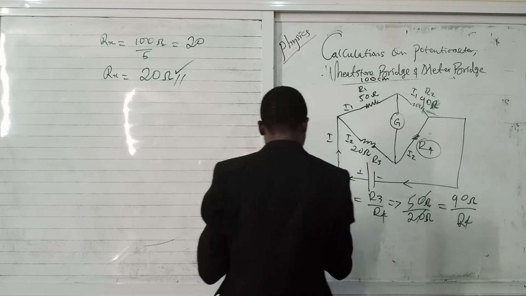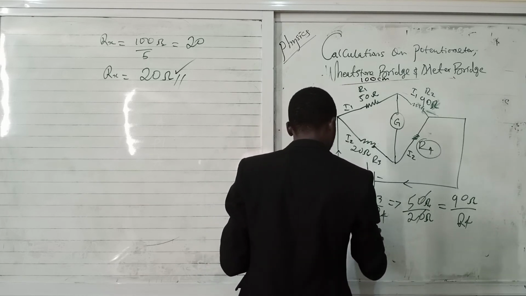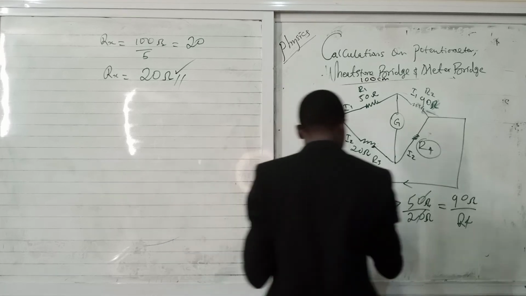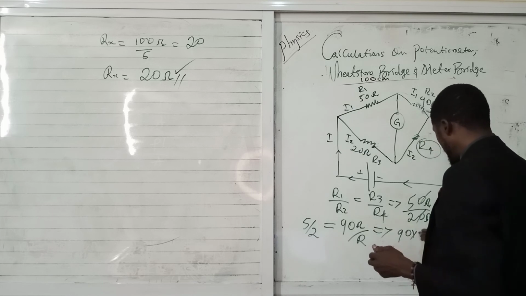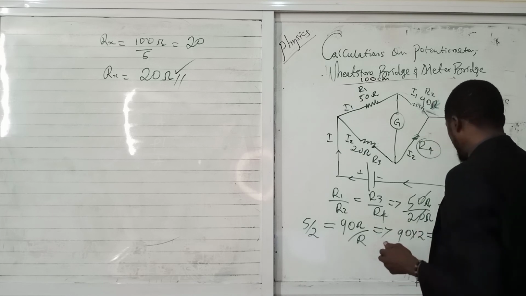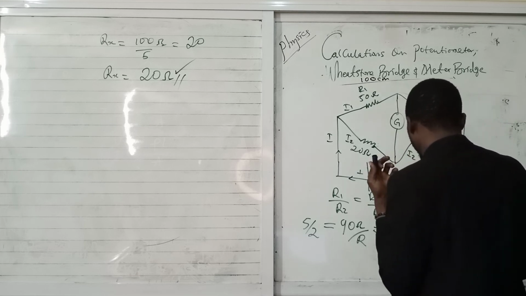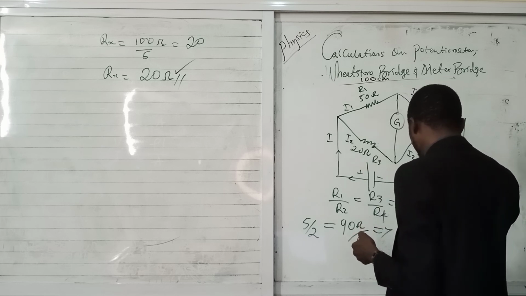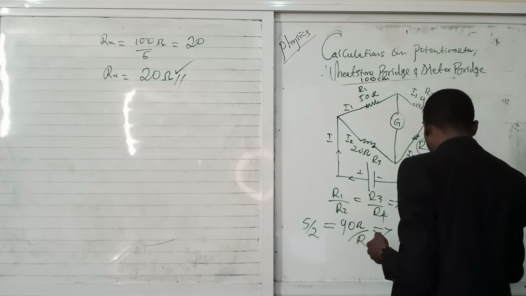You have 5 over 2 is equal to 90 ohm over R. You cross multiply, you have 90 times 2 is equal to 5R. 90 times 2 will give you 180, equal to 5R.